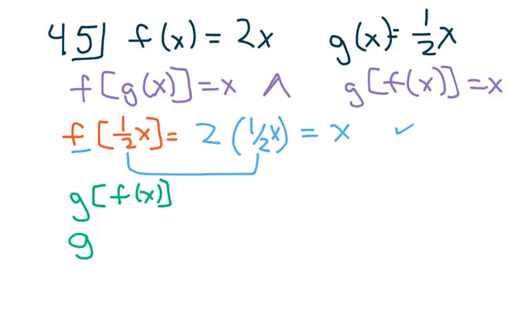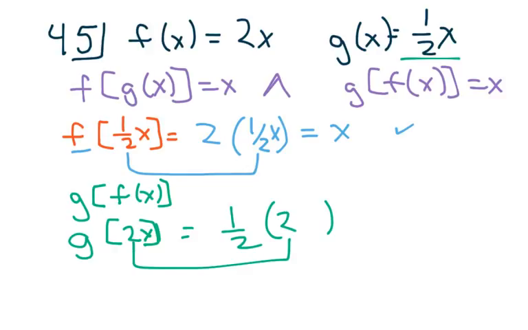So that is g composed with 2x. So we write down g is 1/2 x, and we dump in 2x, multiply that across, and that equals x. That checks. So these are inverses.